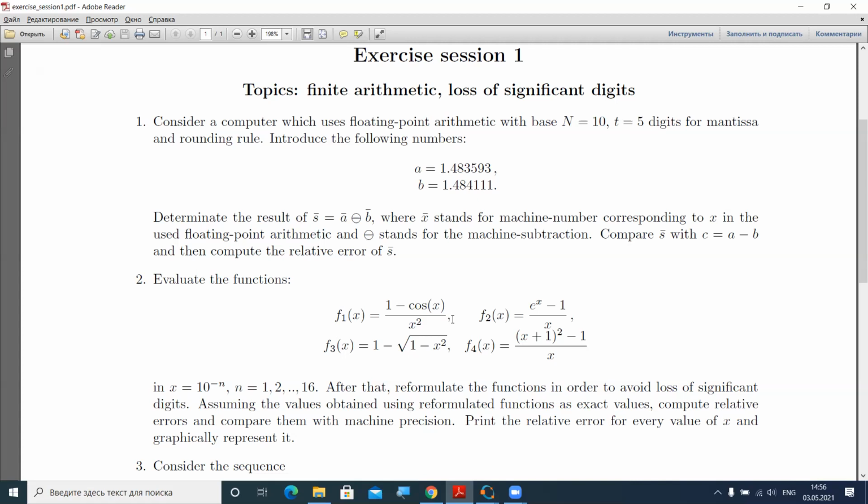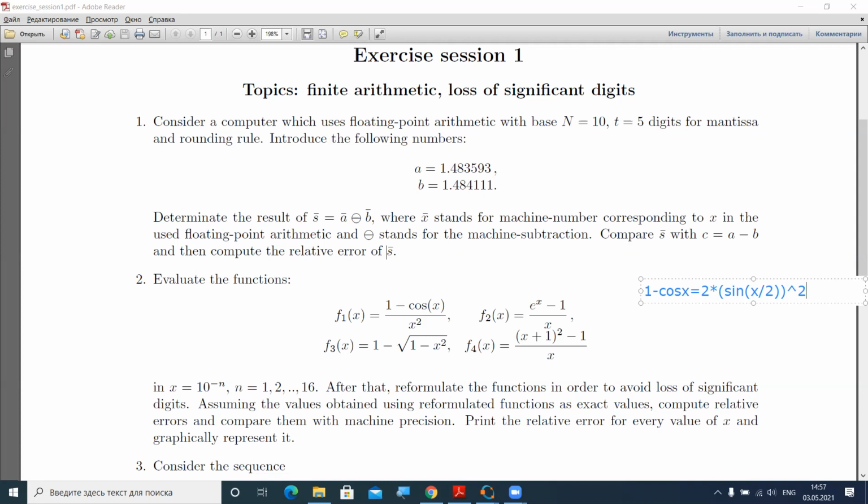Yeah, this numerator. Let me write. So this numerator, 1 minus cosine x, equals 2 times sine x over 2, half angle, squared. Like this.